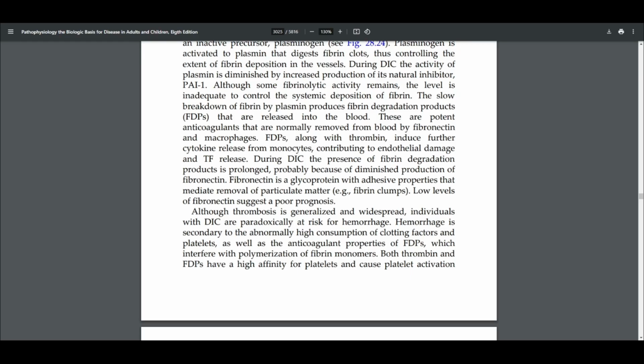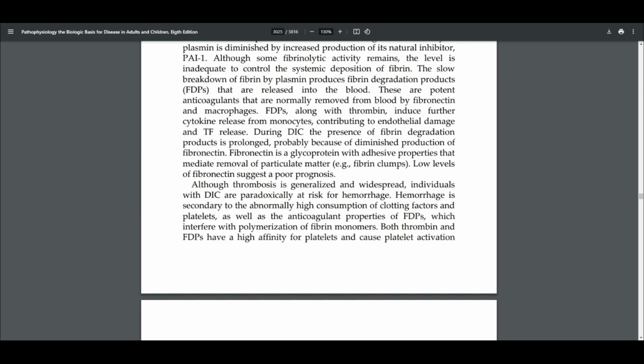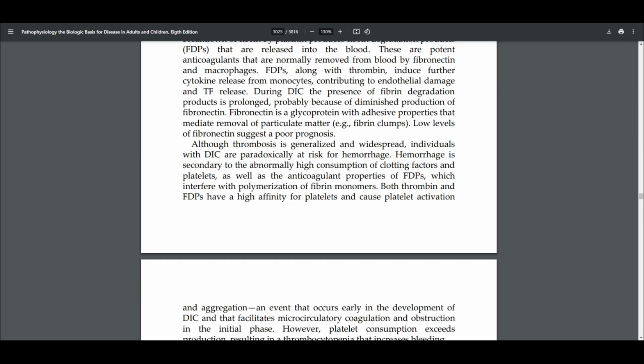During DIC, the presence of fibrin degradation products is prolonged, probably because of the diminished production of fibronectin. Fibronectin is a glycoprotein with adhesive properties that mediates removal of particulate matter. Low levels of fibronectin suggest a poor prognosis.